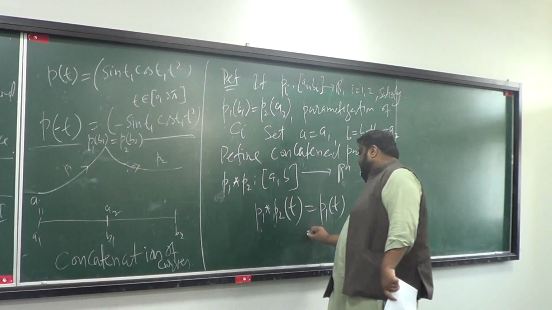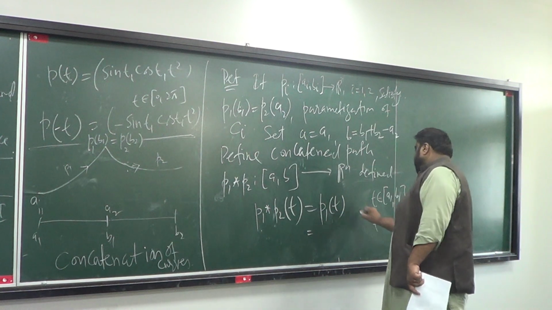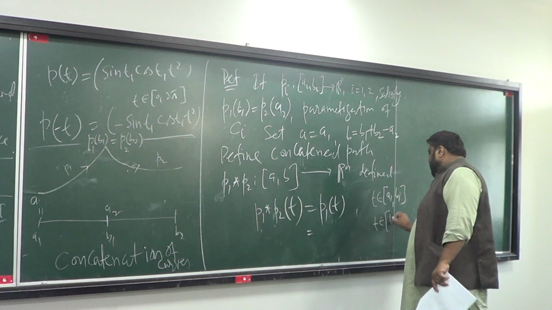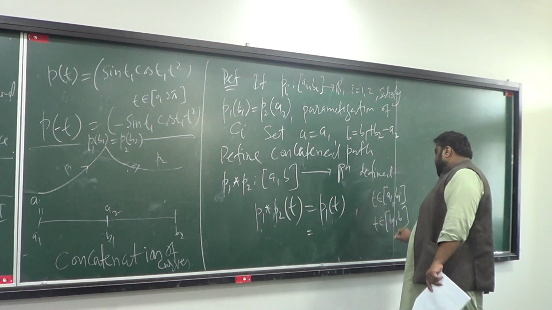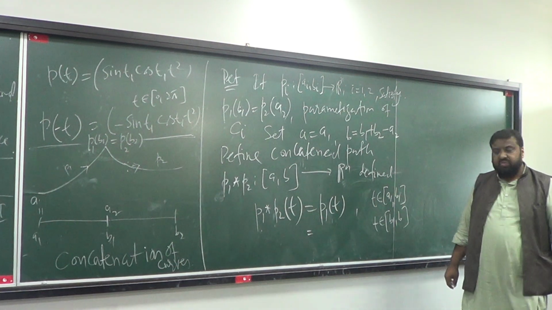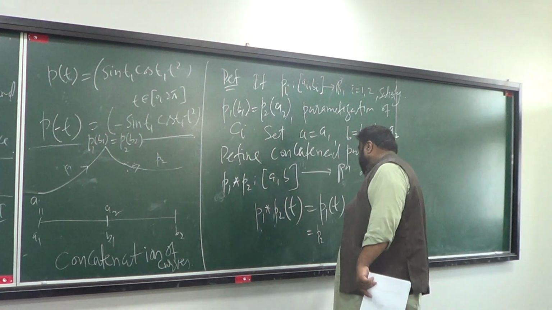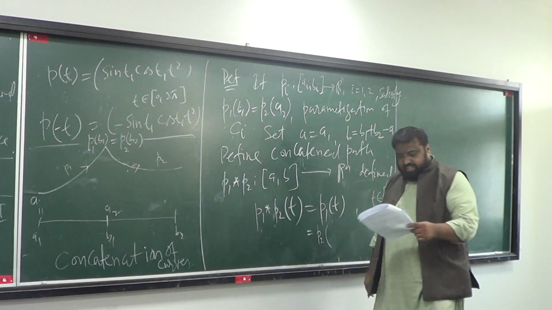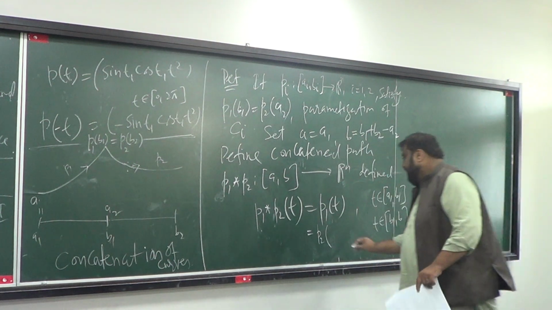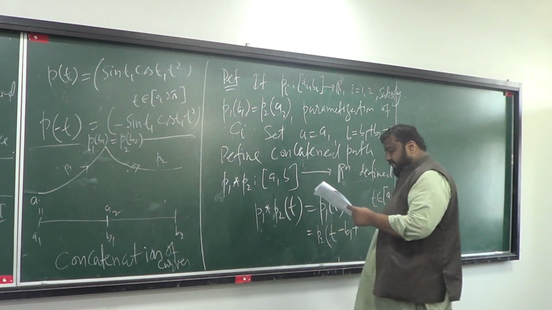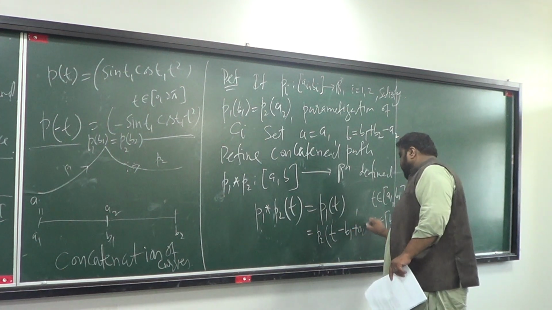And if you take t from the interval [B1, B], then this curve is going to give you P2 evaluated at t minus B1 plus A2.